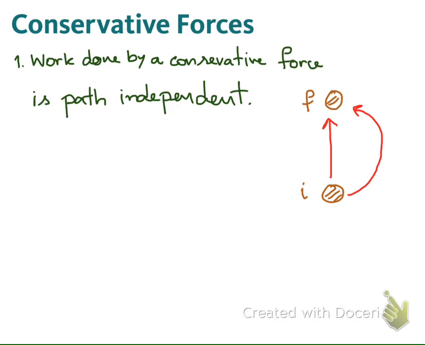Okay, if I name the work in the first path as W1 and the work in the second path as W2, we must have that W1 is equal to W2, and this is very obvious for the gravitational force, because gravity points downward only, so it does not depend on the path you move.